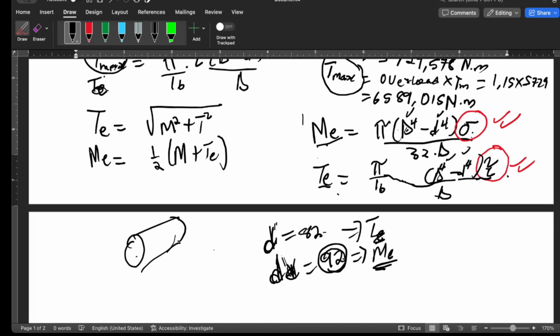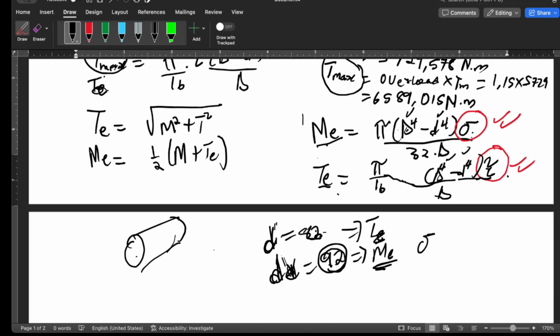They said you choose the bigger one, because the bigger one can also accommodate the smaller one. For instance, take 82 and 92. If we take the bending-moment diameter of 82, it won't sustain the bending stress. It will bend quicker, because it needs a minimum of 92 not to bend.